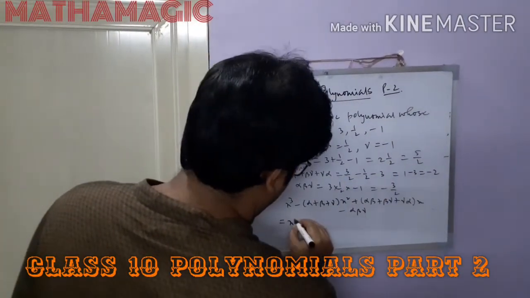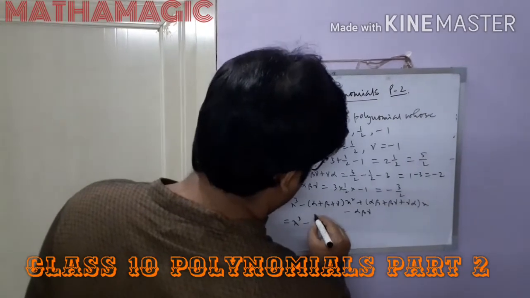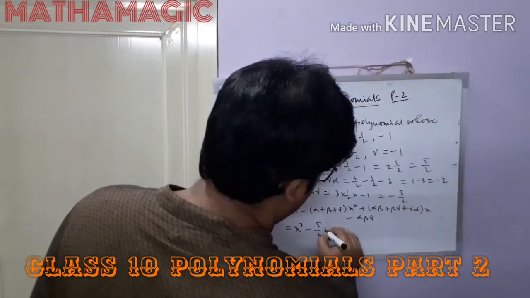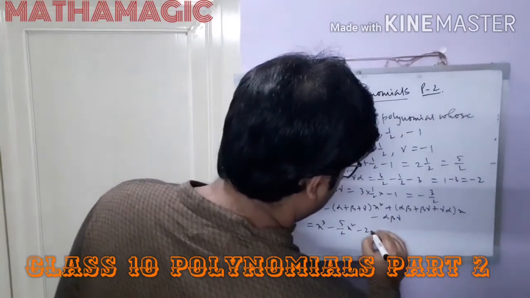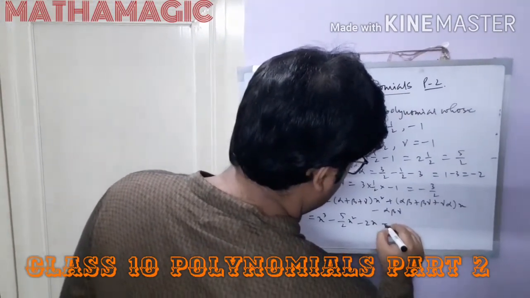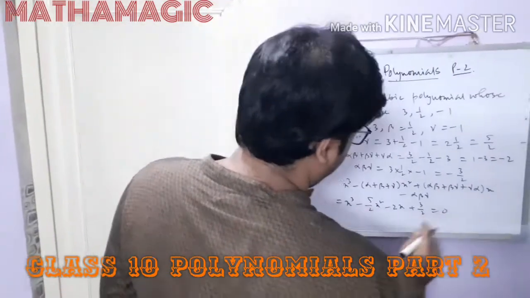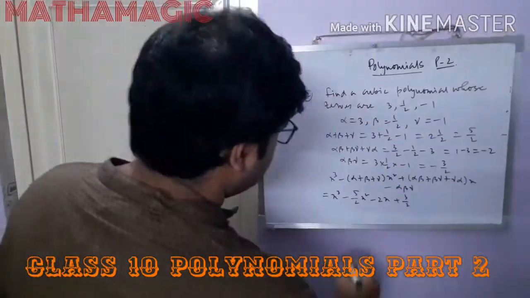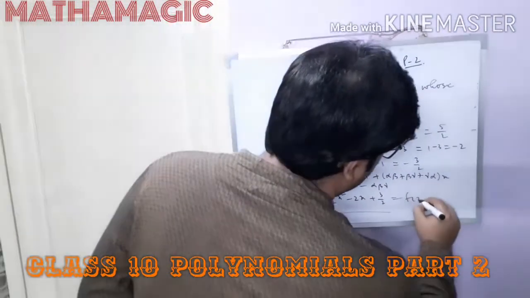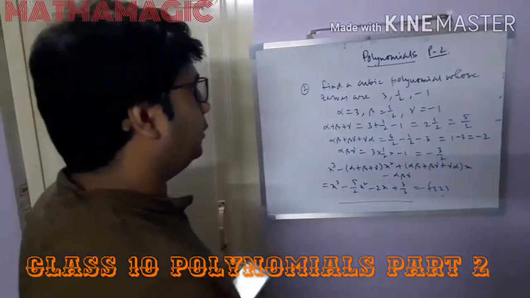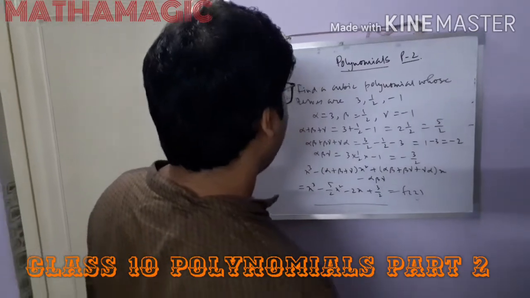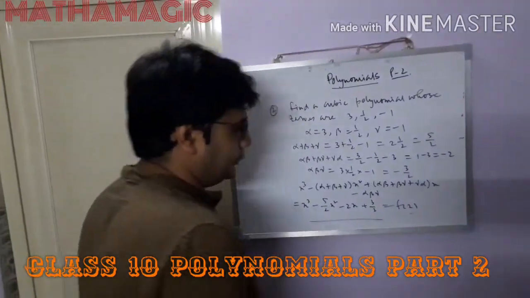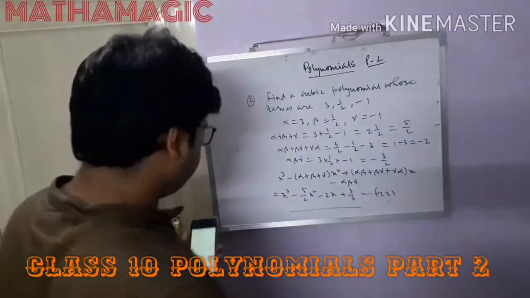So it will be minus 5 by 2 x square minus 2x plus 3 by 2. So this is the required polynomial f of x. If the 3 roots of a polynomial are given, then we can easily find it by using this technique. Please note it down so that we can move to the next problem.